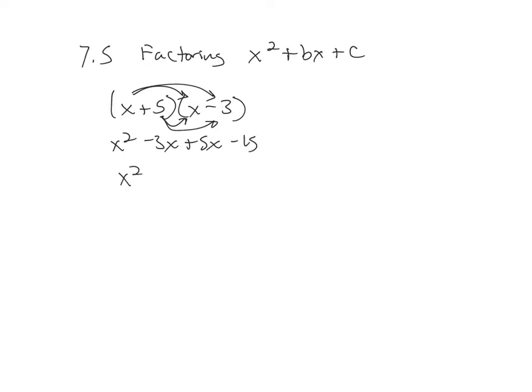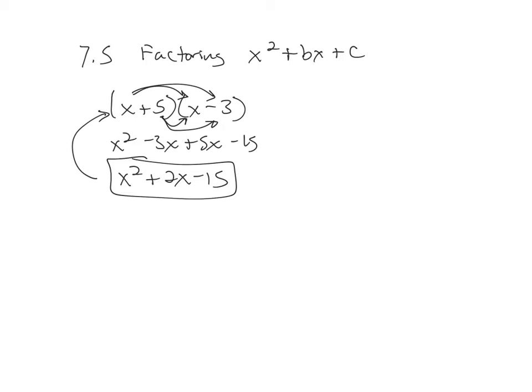And then we combined these 2 things in the middle. And that was our answer. Well now, this is the problem. And the 2 parentheses, the 2 binomials, are the answer. So we've got to figure out how to work backwards.